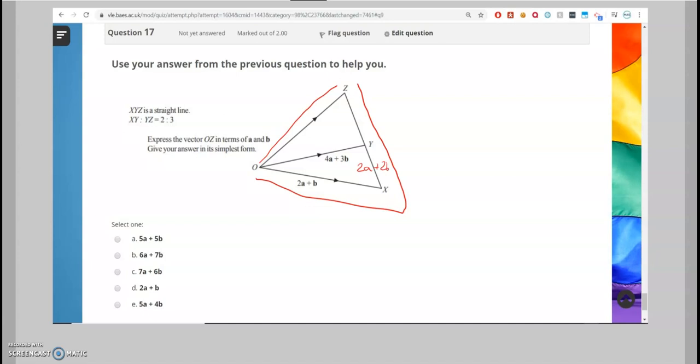So we'll need now YZ. We are given this information which gives us the ratio. So if XY is 2a plus 2b, then yz will be 3a plus 3b because of the ratio given. So this is 3a plus 3b.